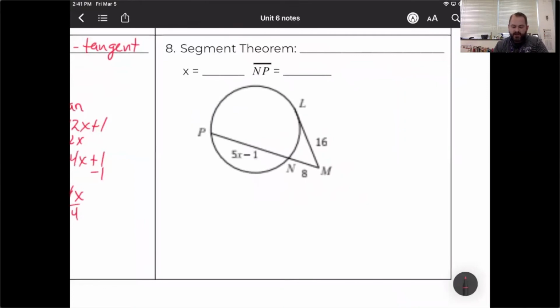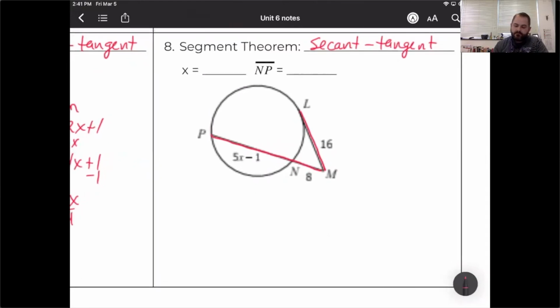Again, on this one, I've got a secant, PM, and a tangent, LM. So this is secant tangent. All right. So that relationship, if you remember, secant tangent is outside times whole for the secant has to equal tangent squared for the tangent segment.